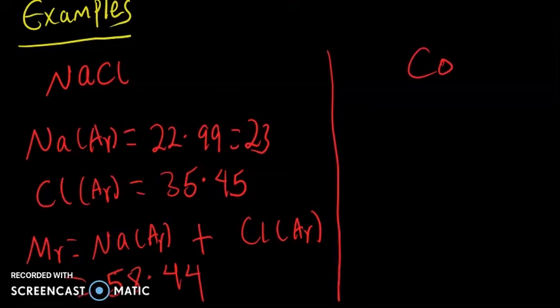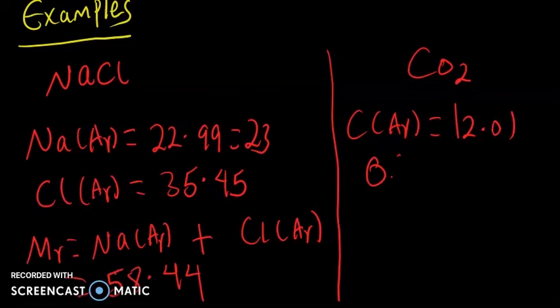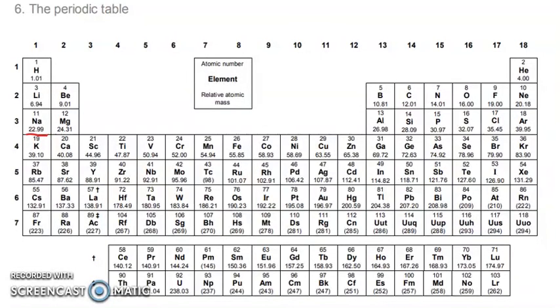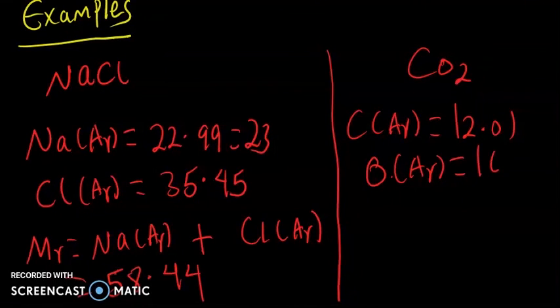Let's do one for relative molecular mass, that's CO2. For carbon, the relative atomic mass is 12.01. And for oxygen, the relative atomic mass is 16.